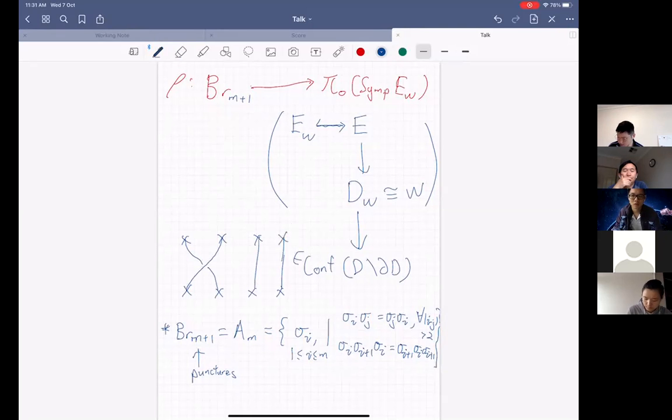If you take pi 1, this thing is equal to pi 1 of the configuration space, and just now we also see that this is the same as pi 1 of W.